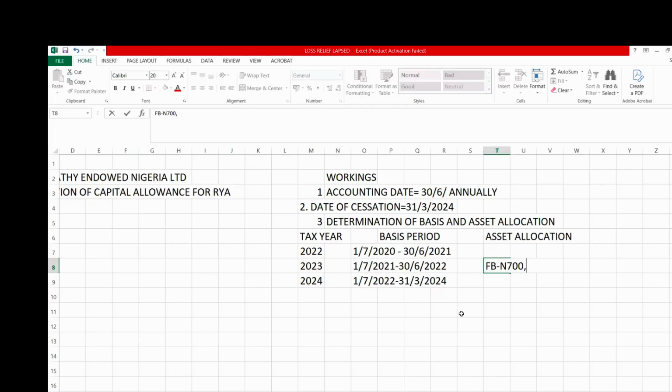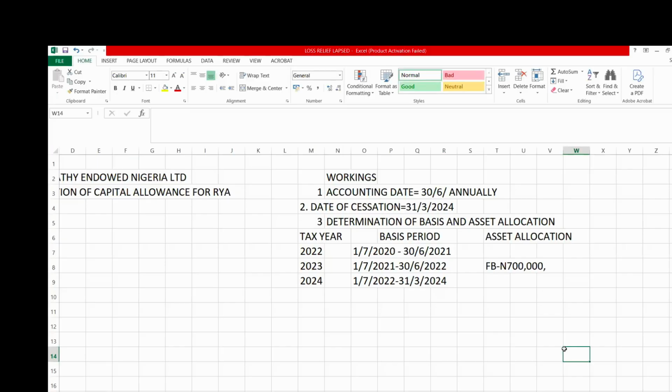After that, if you look at the next asset that we acquired, we have 18/8/2021, factory construction. We have it as 1.2 million. You also go back to that information. Where can we find 18/8/2021? Which year can we find 18/8/2021?